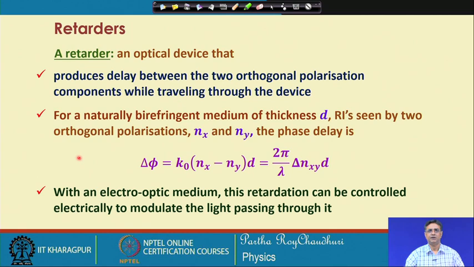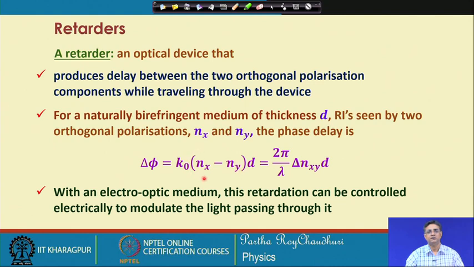For a naturally birefringent medium, let us suppose of thickness d, and the refractive indices seen by the two polarizations in the direction along which the light is propagating are designated by n x and n y, then the phase delay, that is delta phi, will be equal to 2 pi by lambda times (n x minus n y) times d.